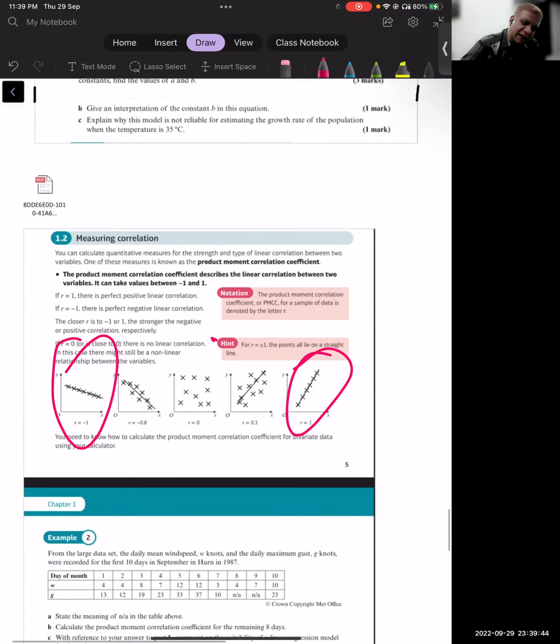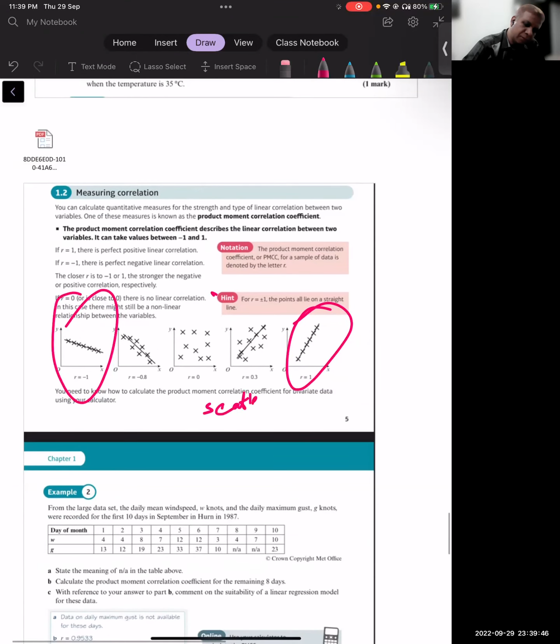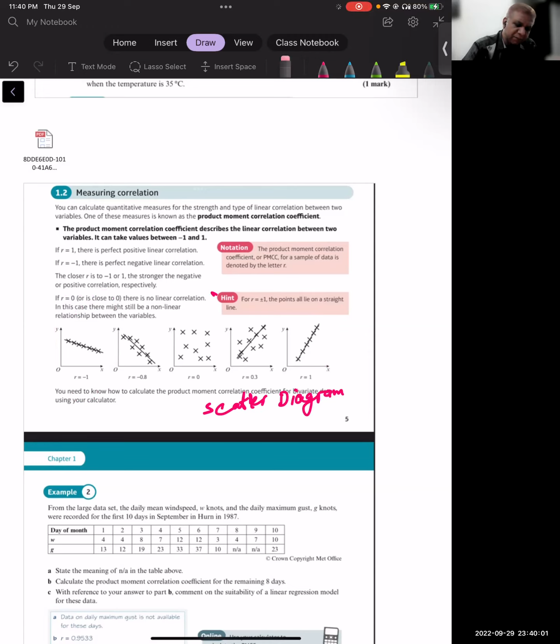This is known as a scatter diagram. I think the name is not written over there. Is it written anywhere? Can you see it? No. This is known as a scatter diagram. All these 5 graphs are known as scatter diagrams.